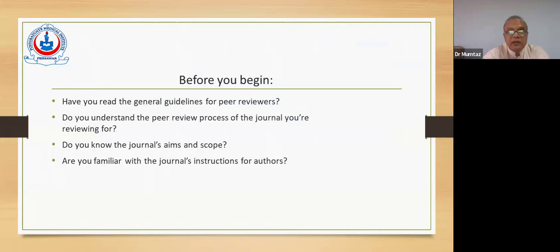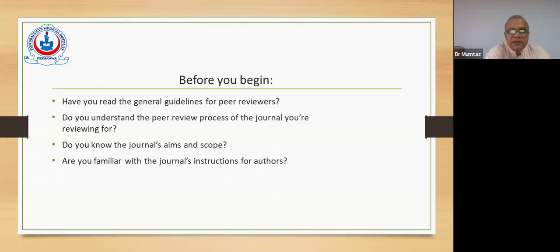So know the guidelines given on the website of the journal for which you are becoming a reviewer. Do you know what is the peer review process of that particular journal in which you are reviewing an article? Every journal has a different method, and the review is carried out in a different way, although the standards remain the same.